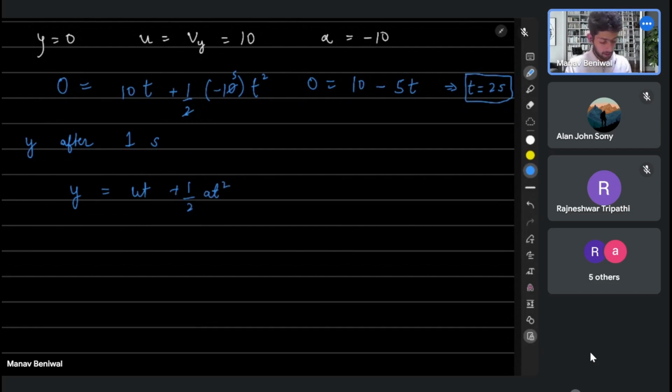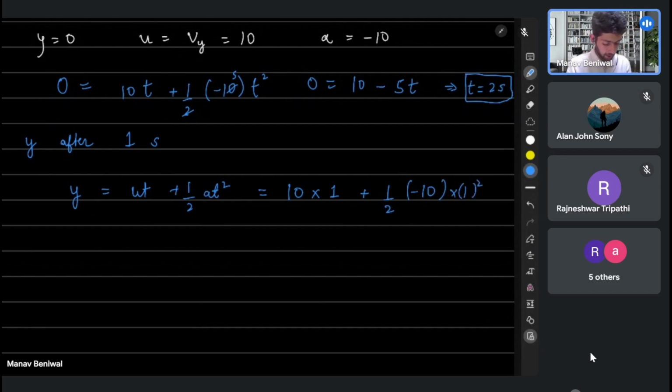We already know u is 10 and t in this case will be just 1, plus half into minus 10 and t is simply 1.